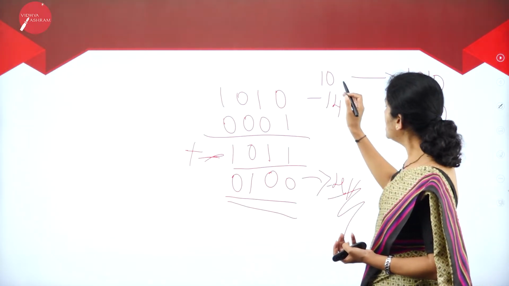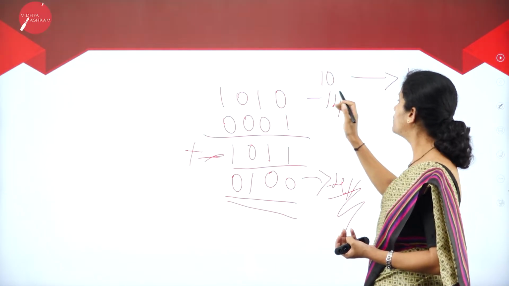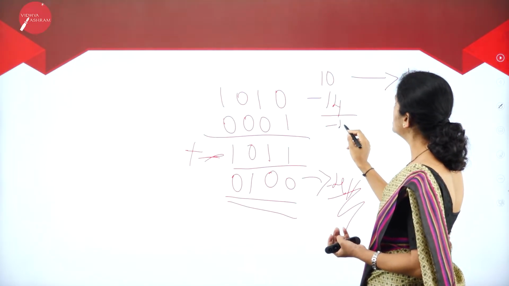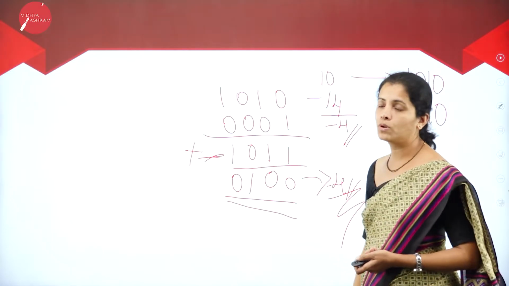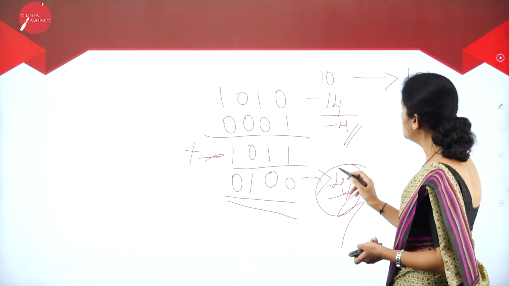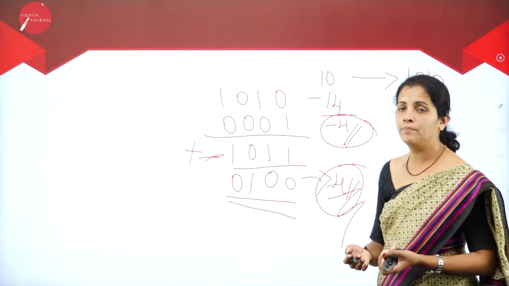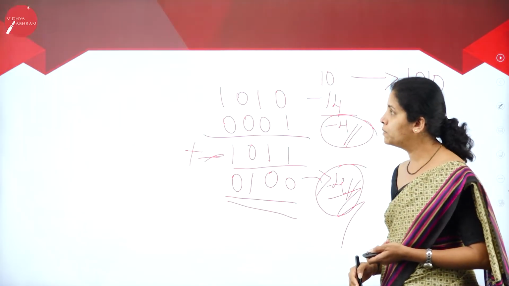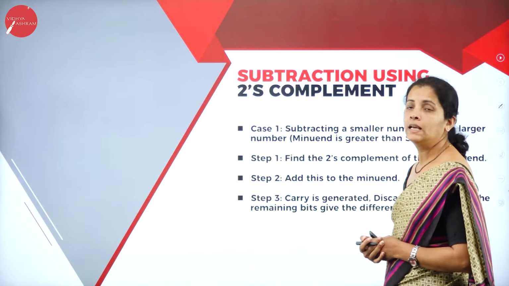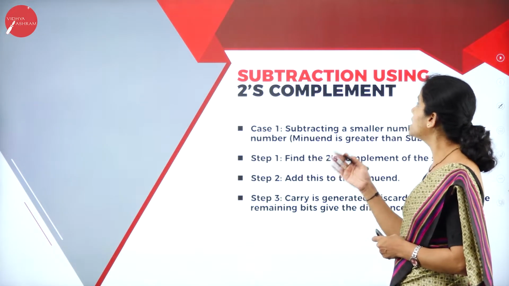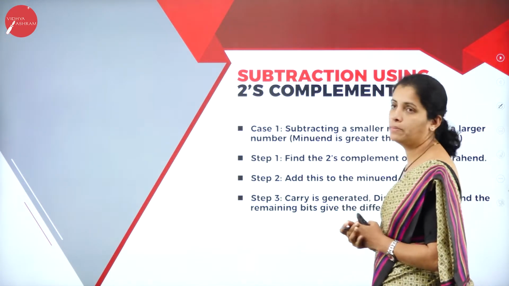Now if I consider 10 minus 14, then what is the result? It is minus 4. So here I am getting -4 and here I am getting -4. Both are same. So this is the way I can cross verify. Then I am having subtraction using 2's complement.